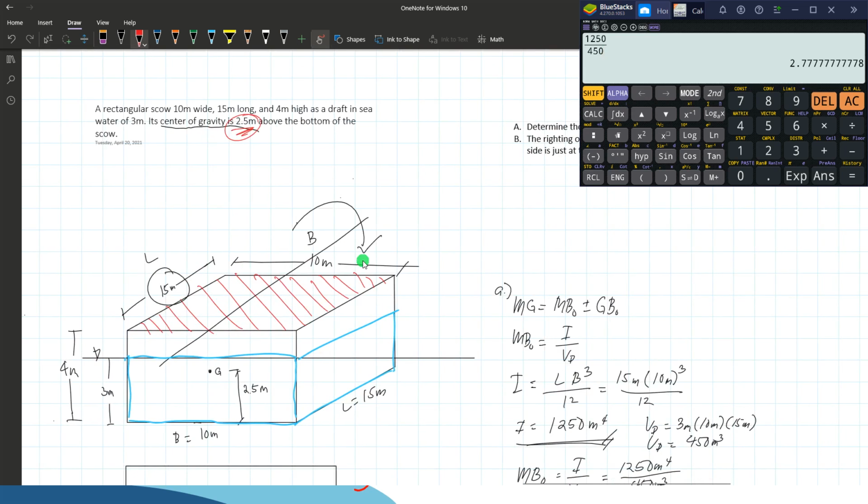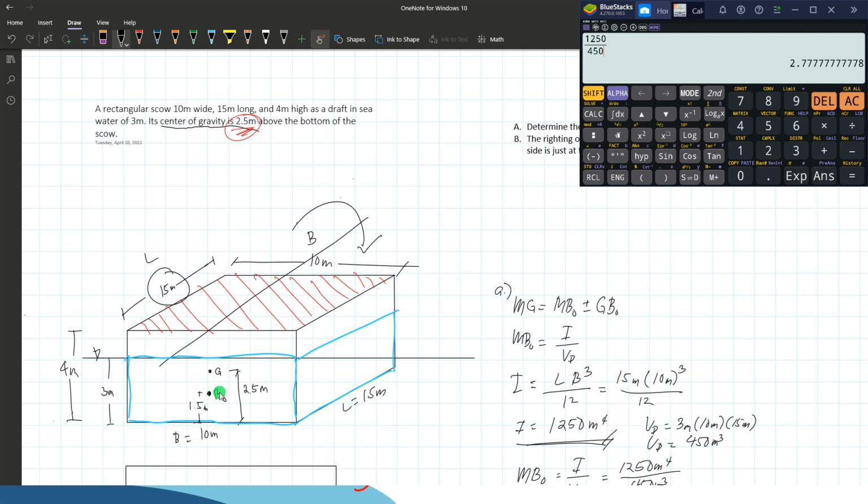For the center of buoyancy, we just locate the centroid of the submerged part of this scow, which is 3 meters deep, and the centroid of the submerged area is at a distance of 1.5 meters.